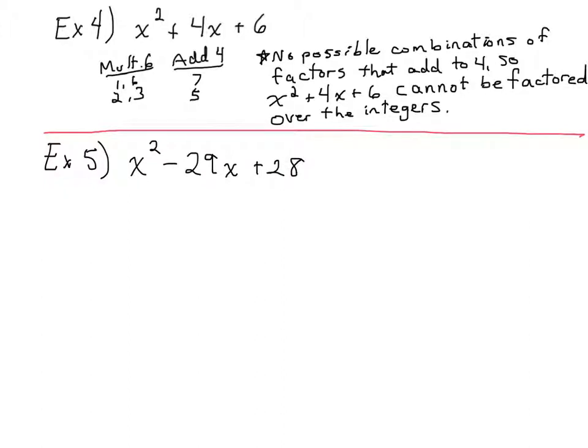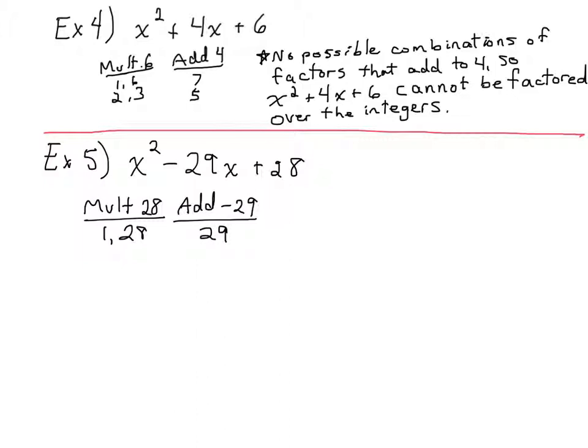And what we do here, again, is find two numbers that multiply to 28 and add to negative 29. So numbers that multiply to 28 could be 1 and 28, 2 and 14, etc. 1 plus 28 is positive 29.